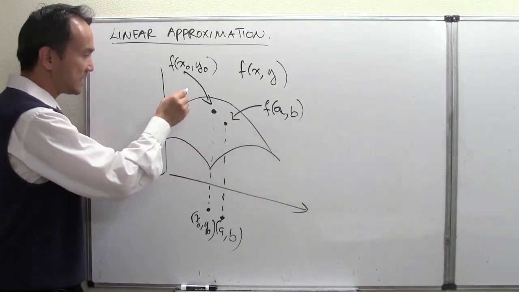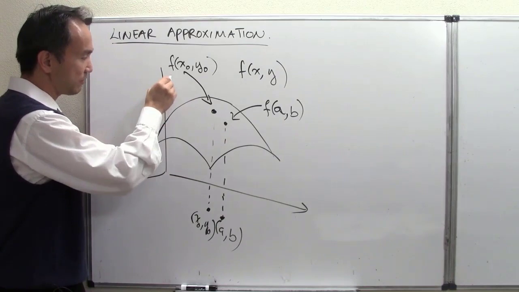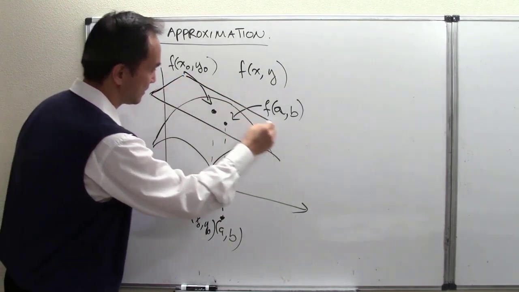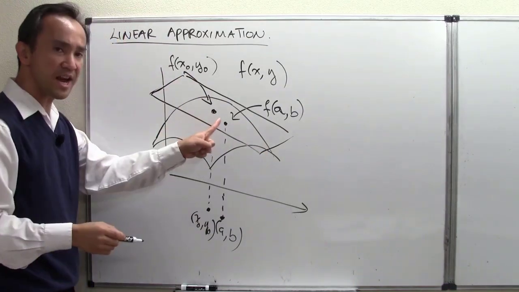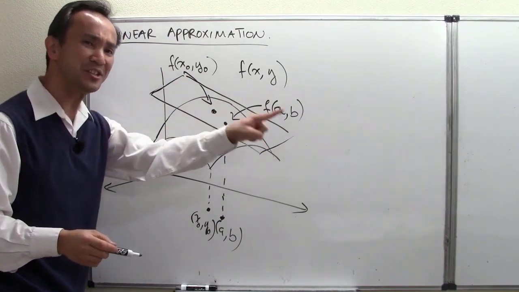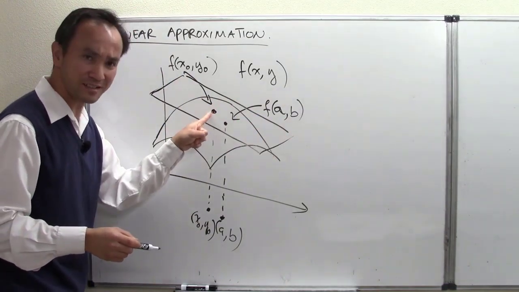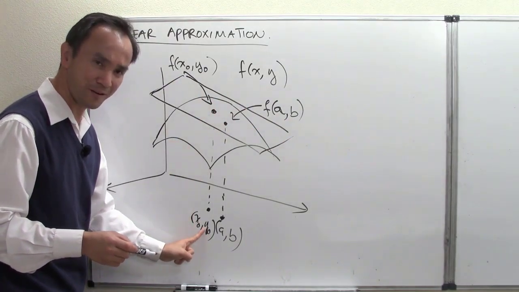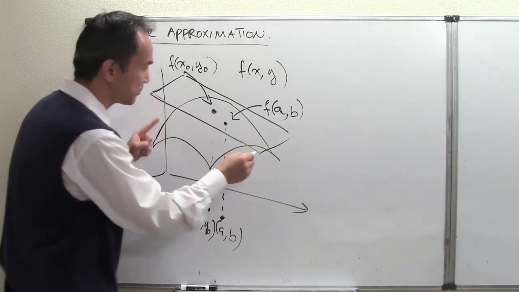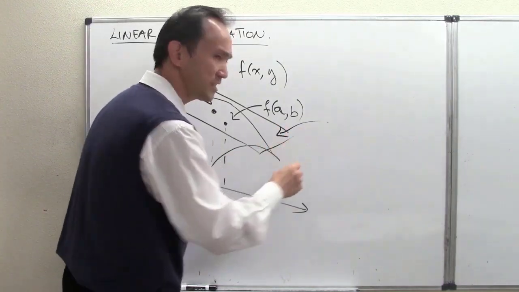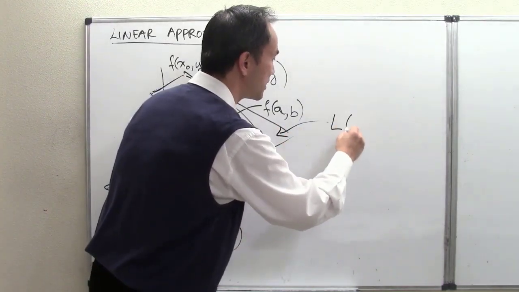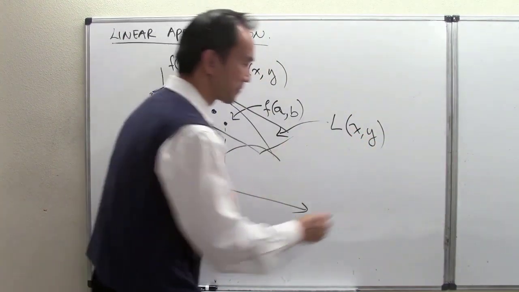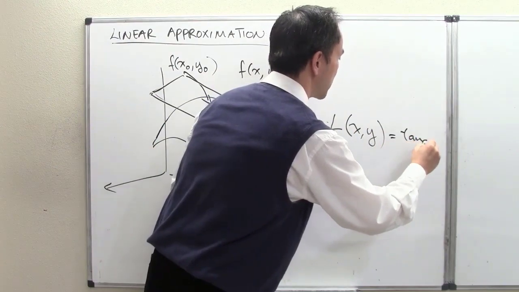But then the idea now is that from this point right here, I am going to shoot out a tangent plane. So I'm going to find the equation of a tangent plane right through this x sub 0, y sub 0 point. Then I'm going to treat this tangent plane as some linear function L of x comma y.